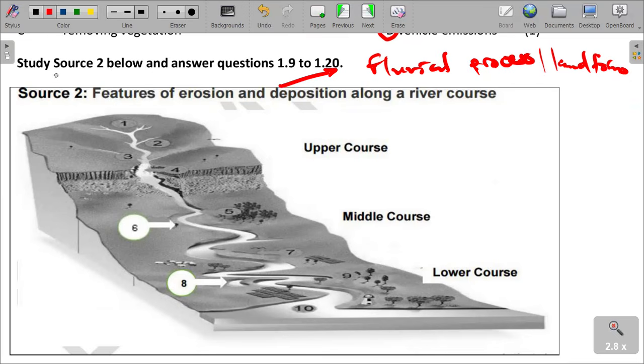What I want you to understand here is that we are dealing with depositional and erosional features along a river course.